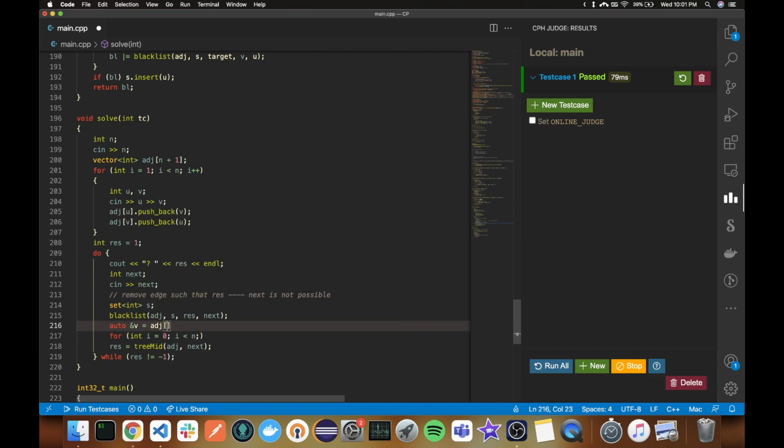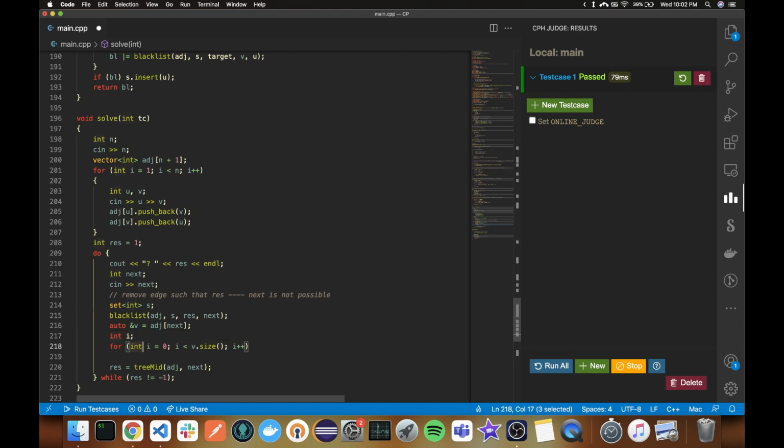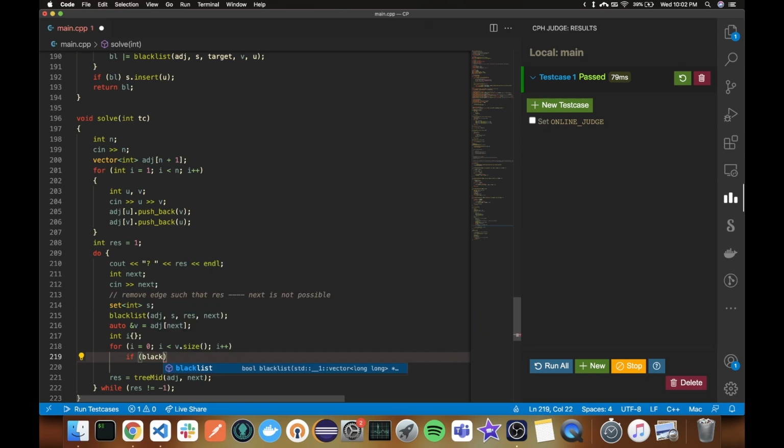Now for auto, so V is less than V dot size, I plus plus. Now auto V, if this is the case, if we count, so if there was an edge vertex where we don't want to go, then we break.